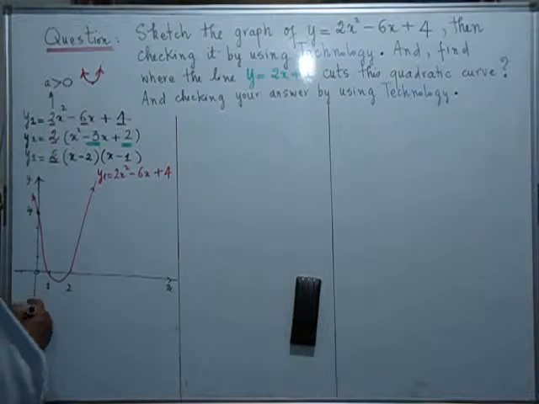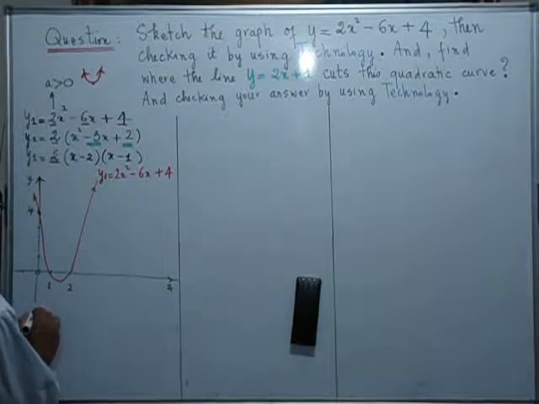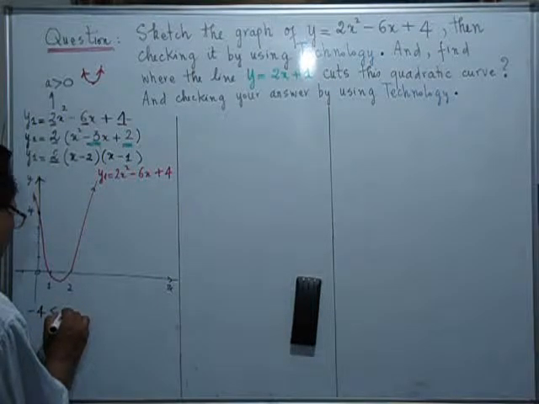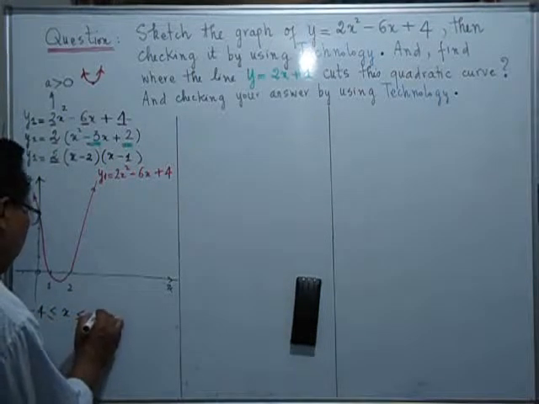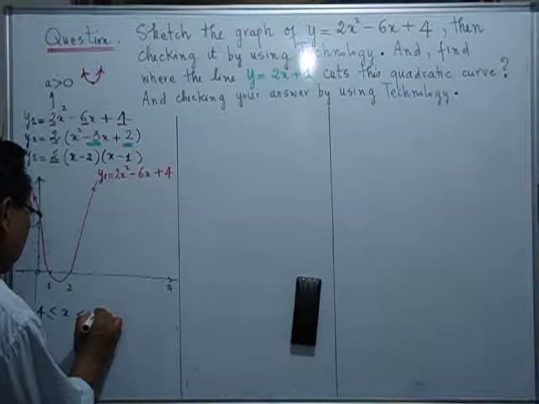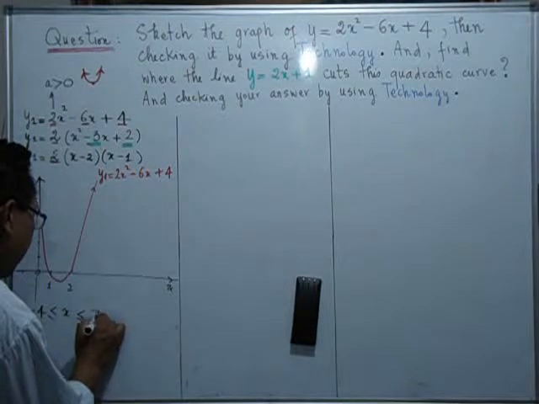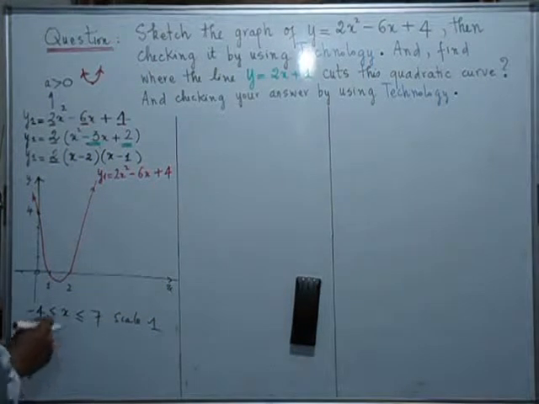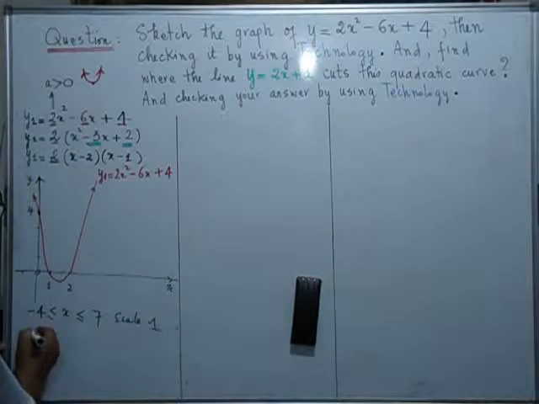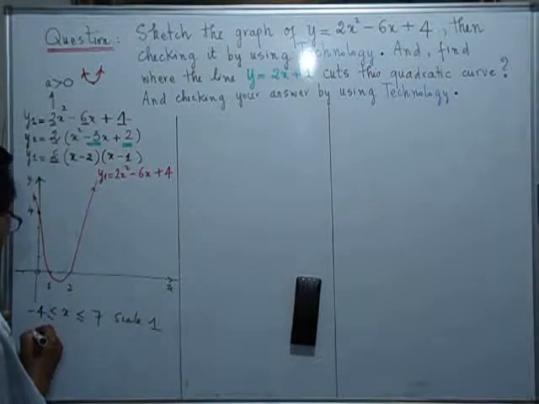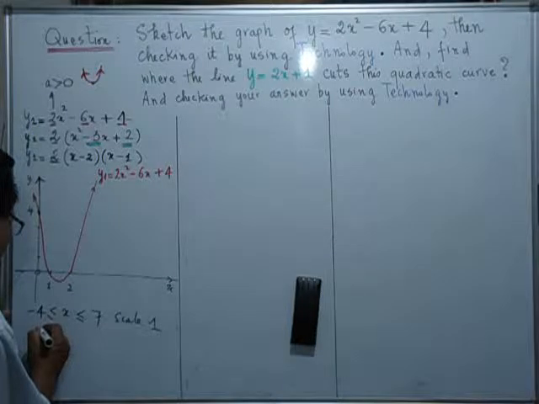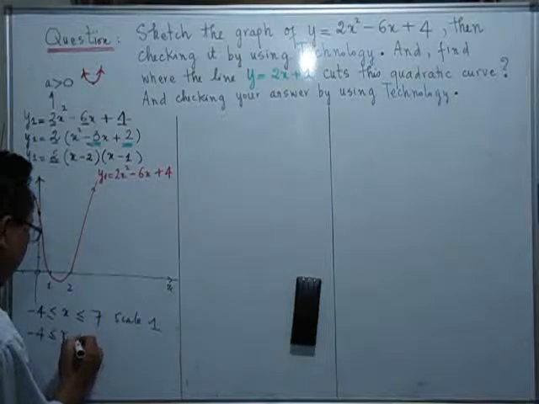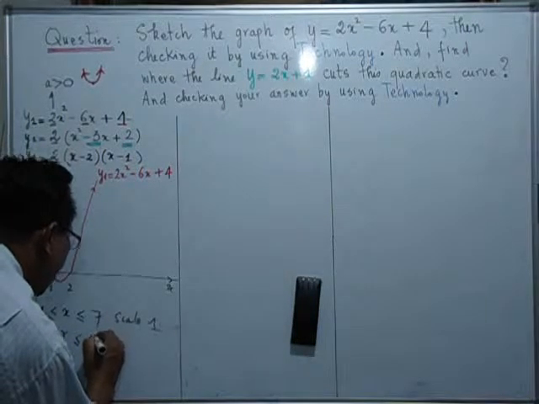So we set up the window: x from minus 4 to 7 with scale 1, and y from minus 4 to 10 with scale 1.